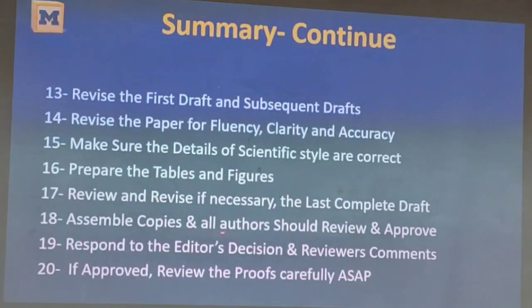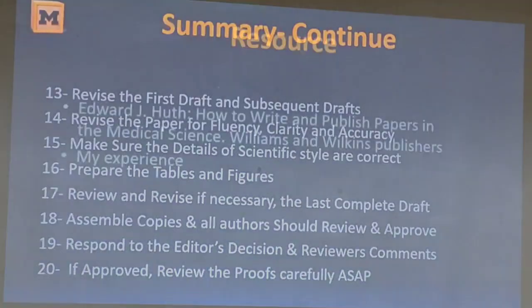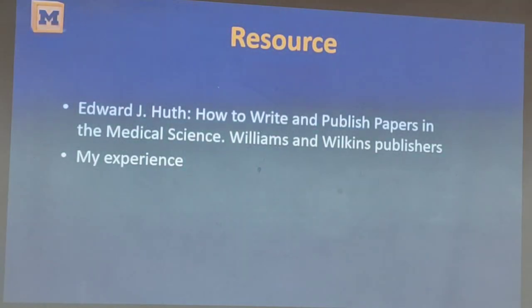Then assemble copies, and all authors should review and approve, and respond to the editor's decision and the reviewers. I usually do literally everything the reviewers tell me. If I disagree, I will discuss why it's not correct, or that they don't know the population. It's really important to address every point of the review. And if approved, there are always proofs that you get, and they always give you like two days to do it.